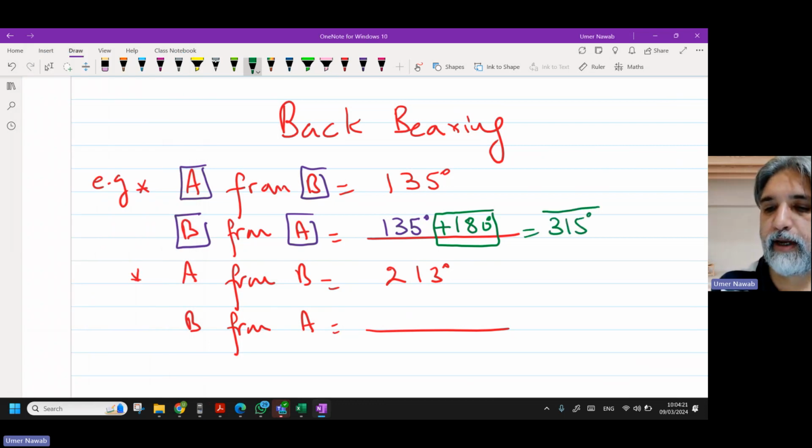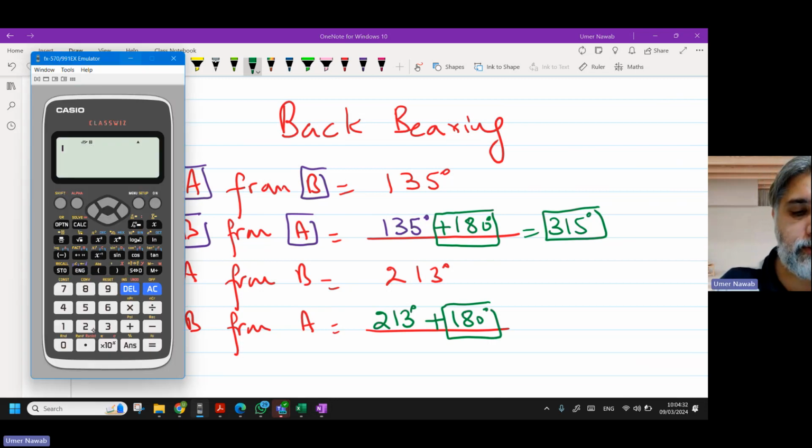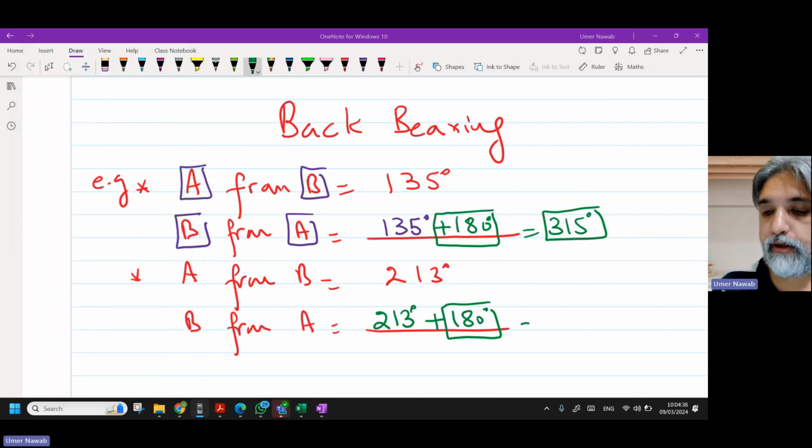Believe me, guys, this is the back bearing. Now for 213, apply the same technique here, add 180, and check what answer comes. 213 plus 180 gives you 393. Mr. Omar, is it possible the bearing can be 393?